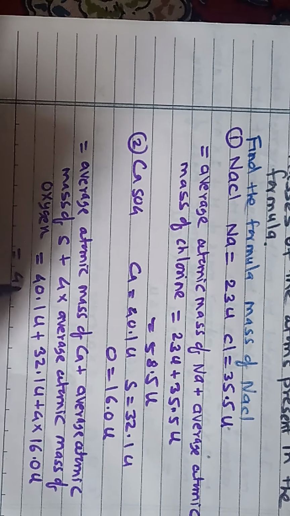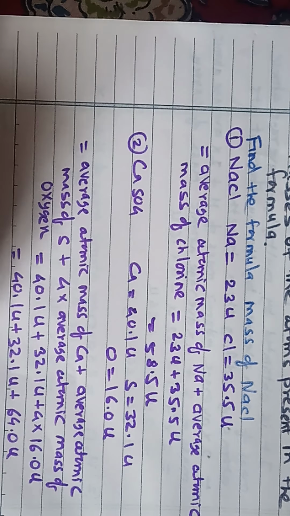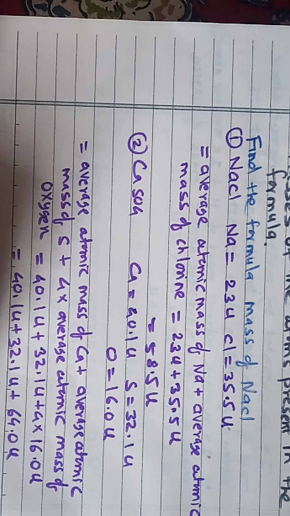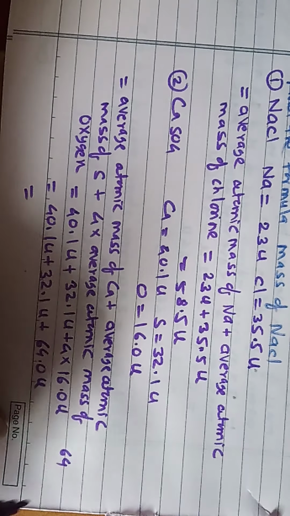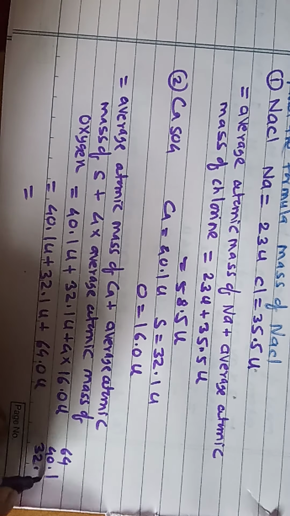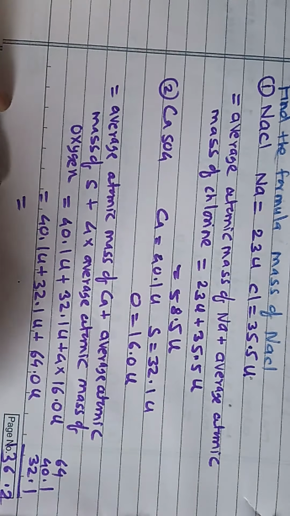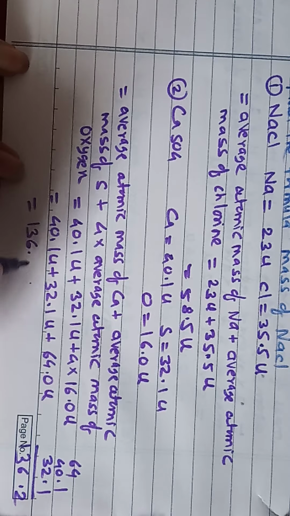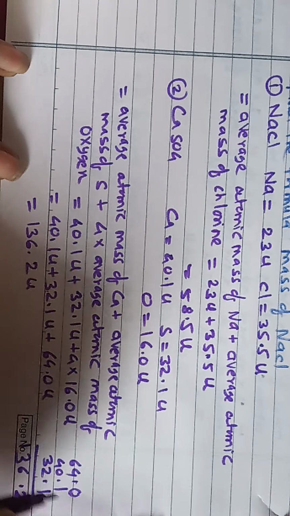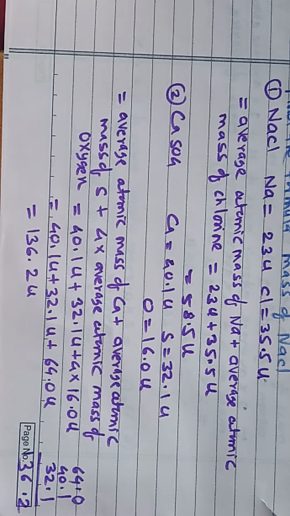If you add them, you get 40.1 u plus 32.1 u plus 64 u. Adding these, you get 136.2 u, which is the formula mass of calcium sulfate.